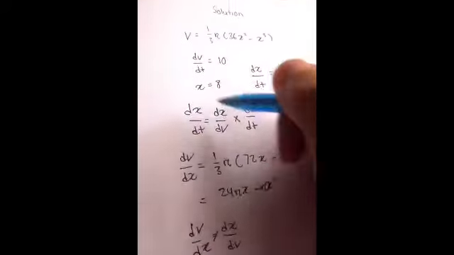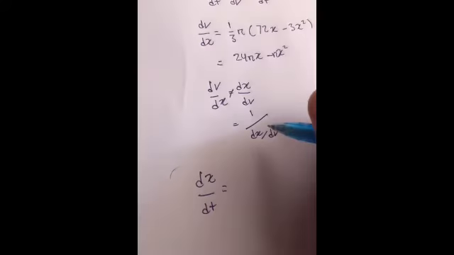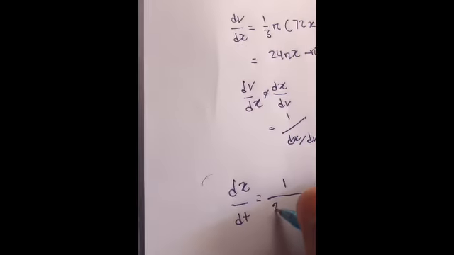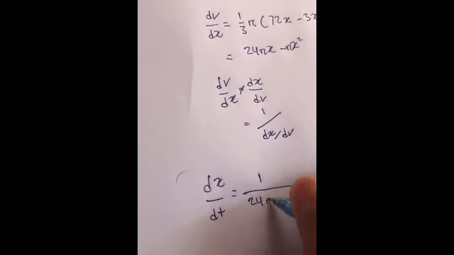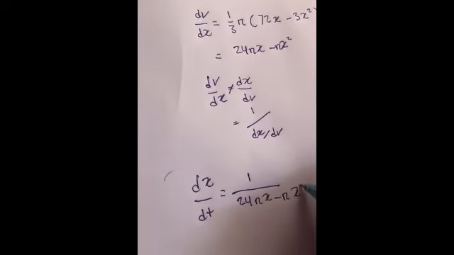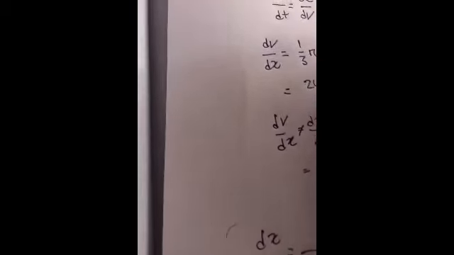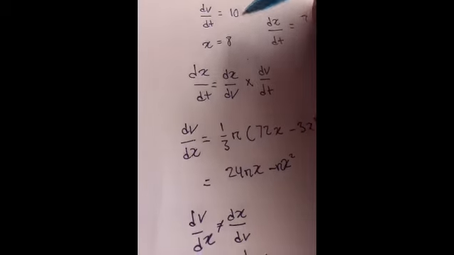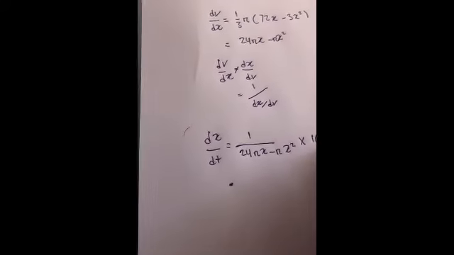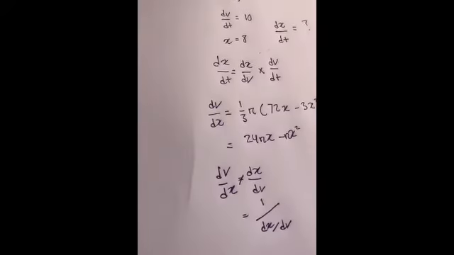After that, we need to fill in our chain rule formula, dx over dt equals dx per dV multiplied by dV per dt. dx per dV equals 1 over (24 pi x minus pi x squared), multiplied by dV per dt, which is 10. And the rate of change we want is when x is 8.